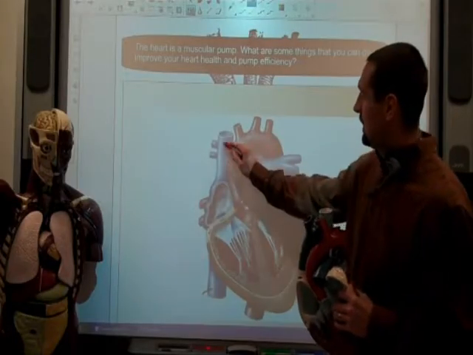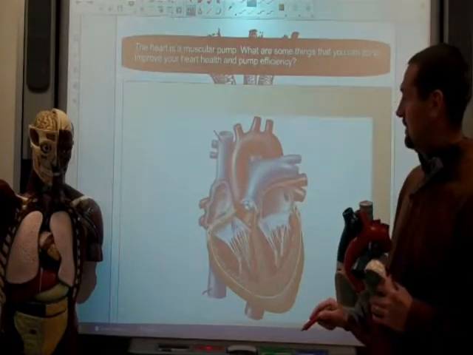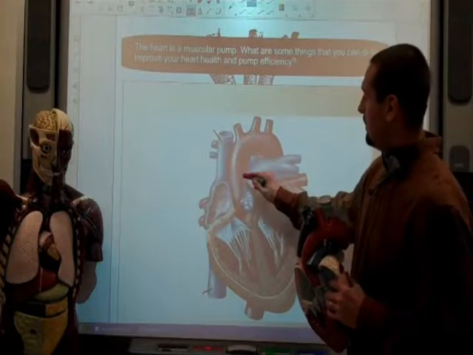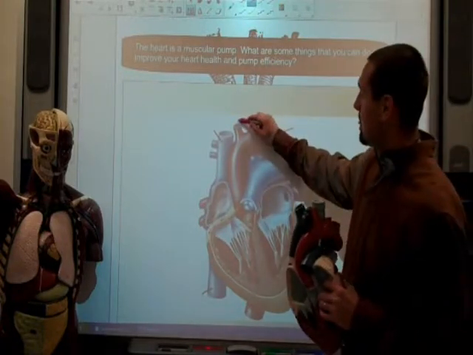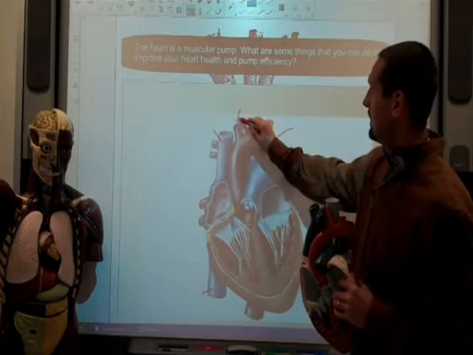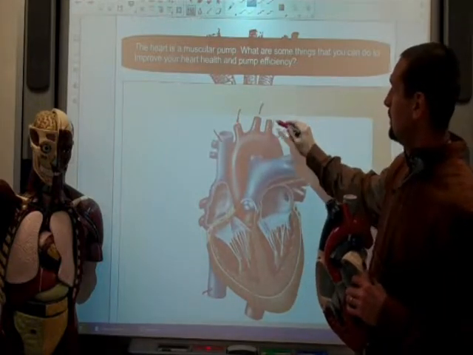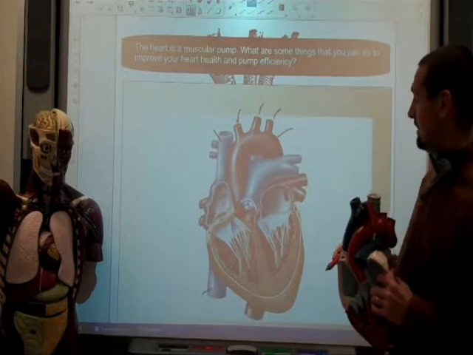Inferior vena cava, superior vena cava. Here we have the aorta. Remember, the aorta does some branching. Brachiocephalic here. Then we have a common carotid, subclavian.